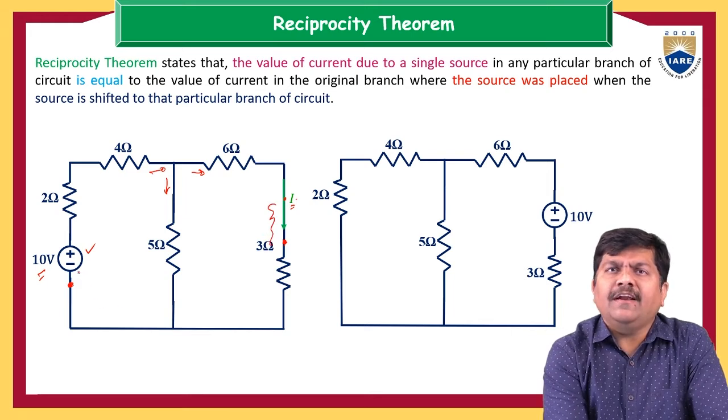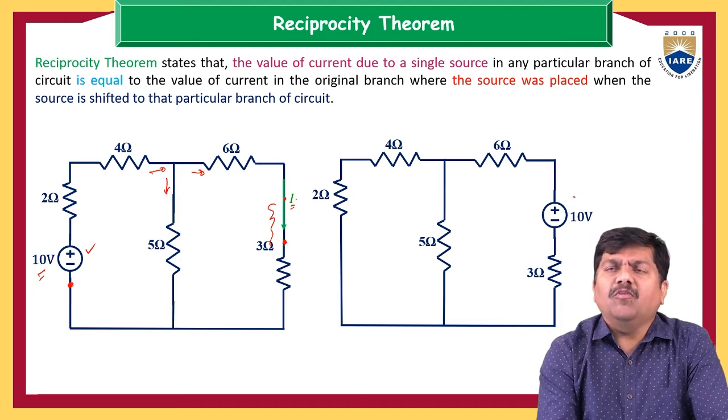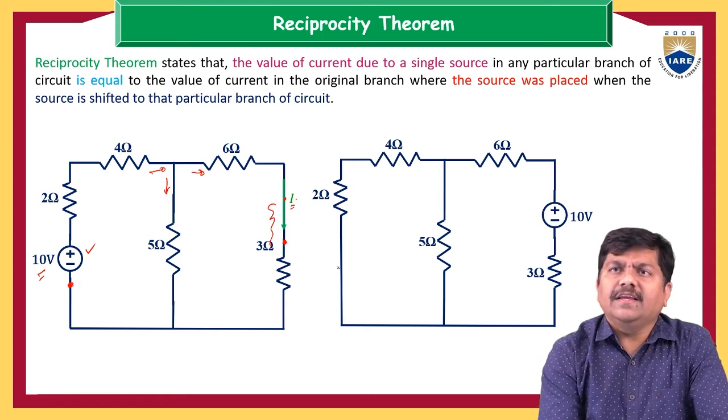I have shifted the voltage source directly from this point to this point. Now, what do you have to examine? If the voltage source is shifted to this point, then the current where the voltage source was originally is the current I1.